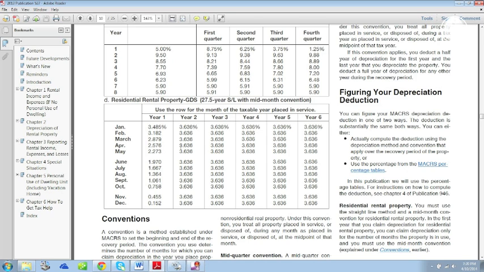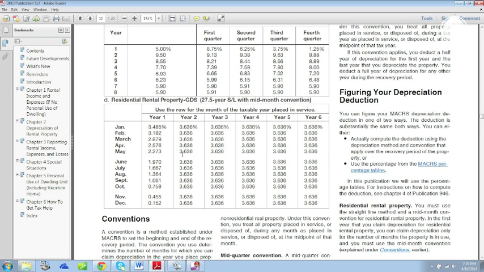So if you put it in one of these years, all you need to do is take that amount of the house and multiply it by 3.636, and this is his third year in renting this house, so he's going to do that. If it was the first year, the last, or the 28th year, then it would be a little bit different.